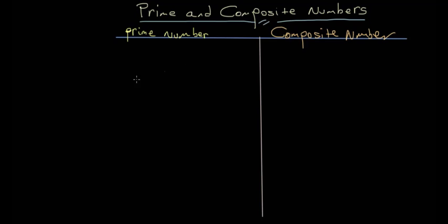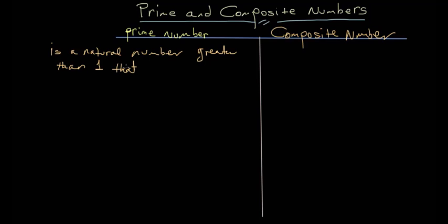To begin with, let's define a prime number. A prime number is a natural number greater than 1. Why is it greater than 1? Pause the video and try.